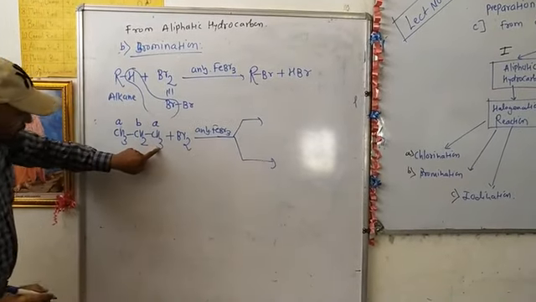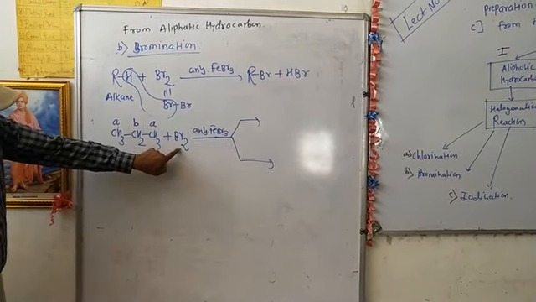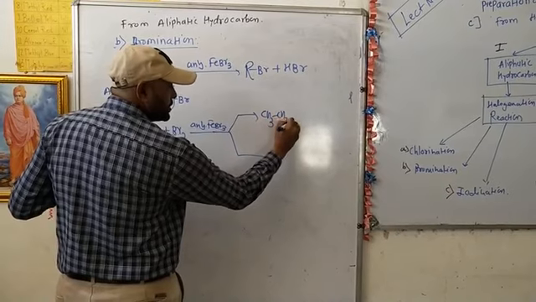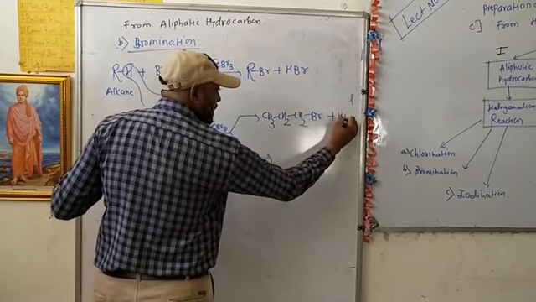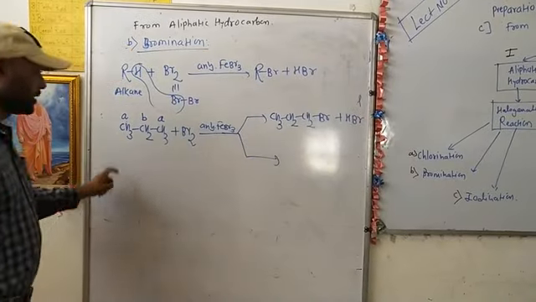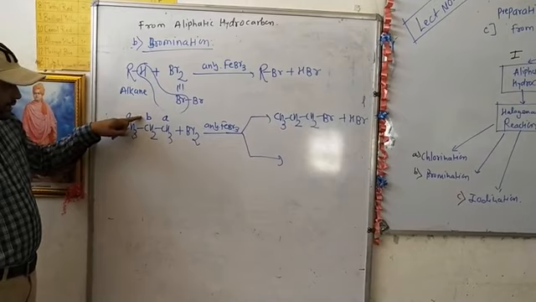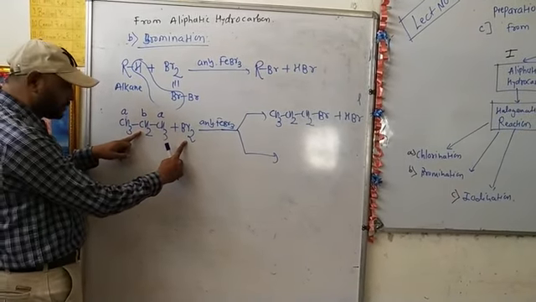Now replace the hydrogen from this side by one bromine, this side by one bromine. So we have the product CH3CH2CH2Br plus HBr. And second time we can replace the hydrogen from this B carbon by the bromine from Br2.